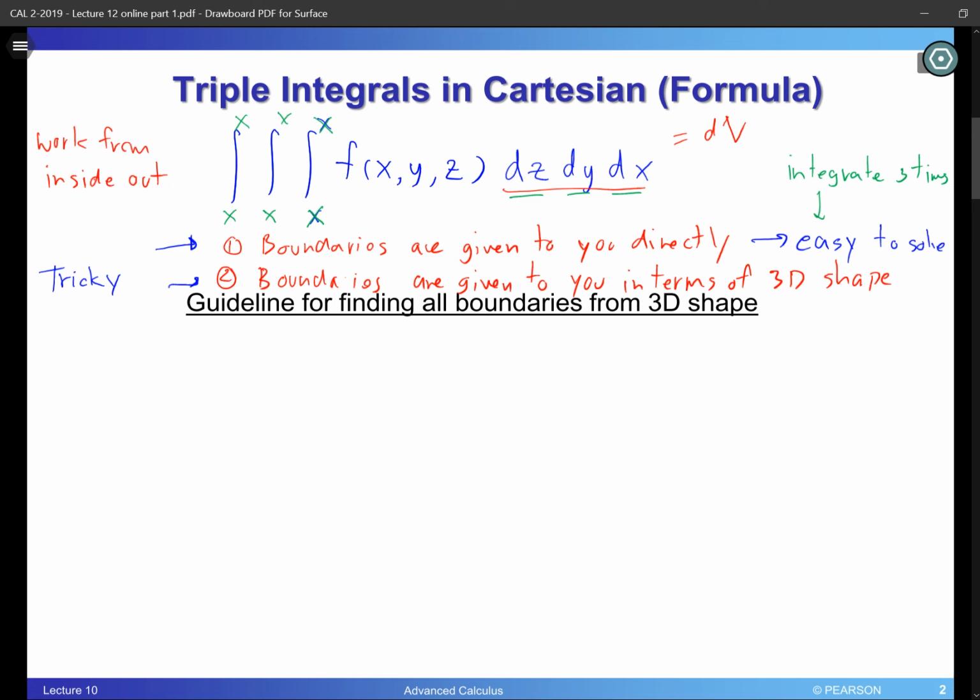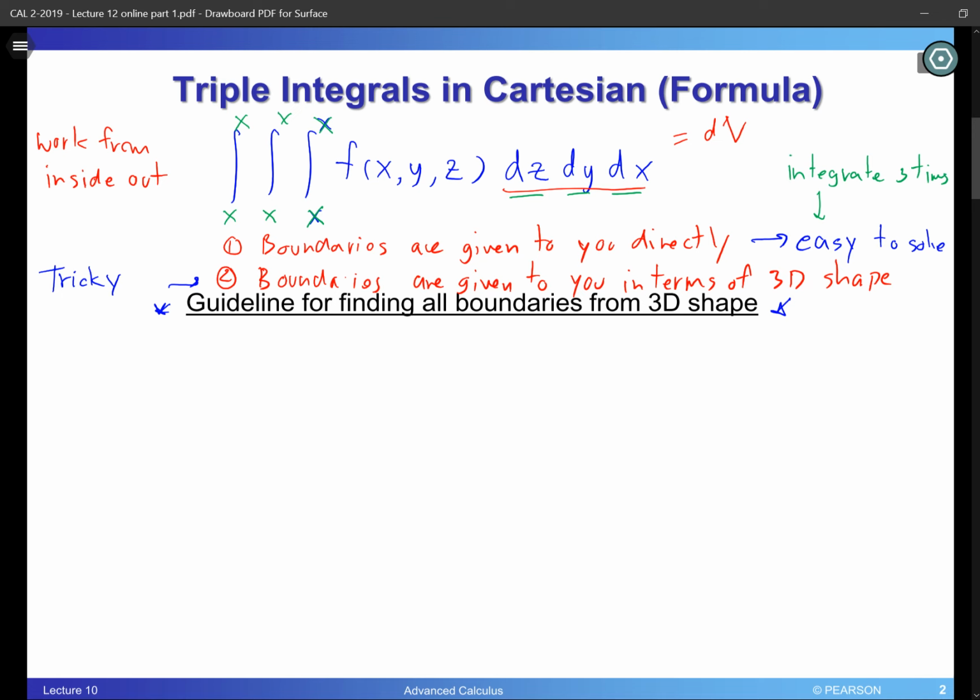So in this case, I provide you with a guideline to find all these boundaries from 3D shape. This is going to be this guideline. It's going to be for the scenario 2. Alright. So let's take a look here. What do we need to do when we have a shape instead of some specific values given to you directly? Right? Just assume that you have a shape showing up maybe in terms of points, maybe in terms of graph.